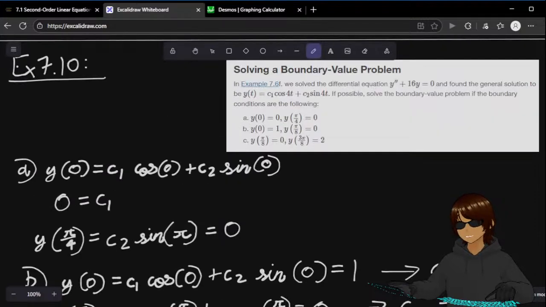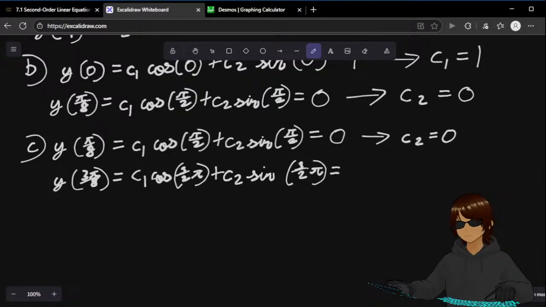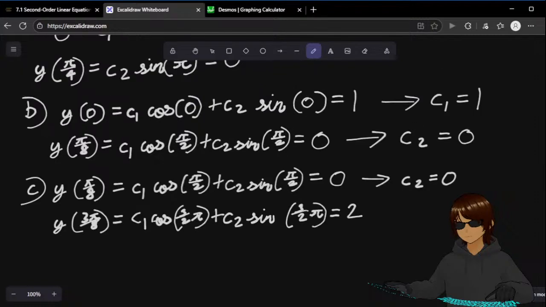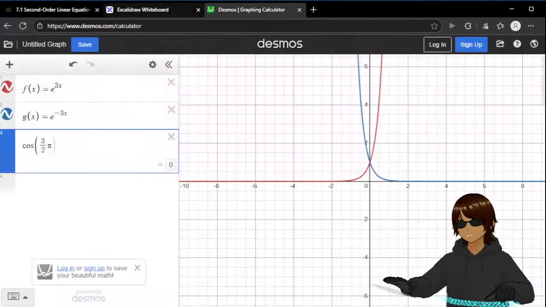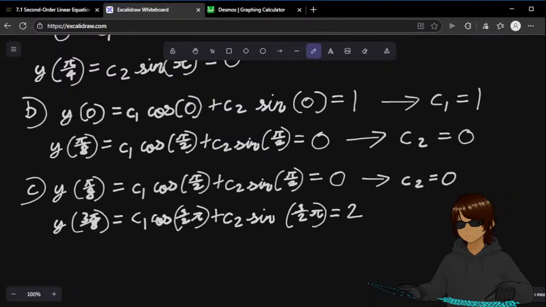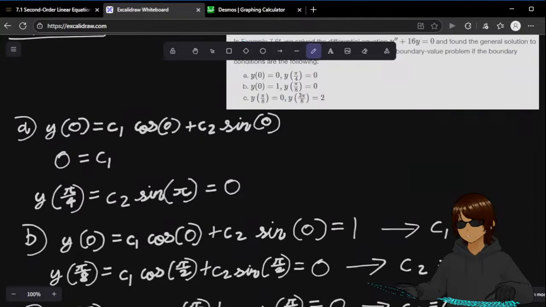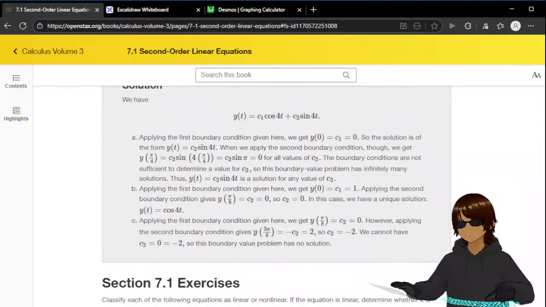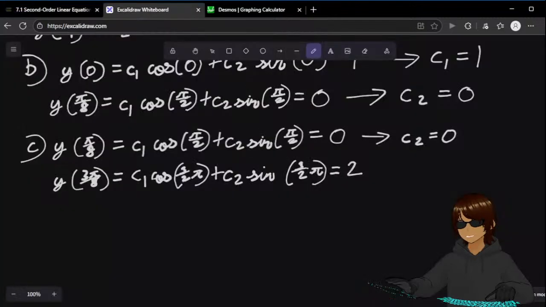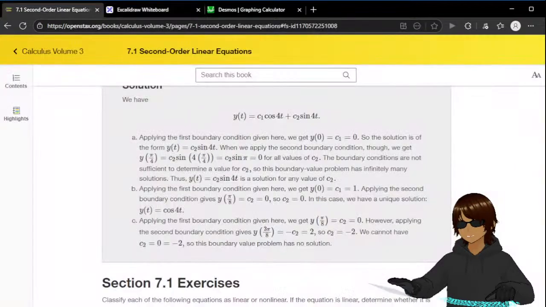What did they say? This is equal to 2. This doesn't lead us anywhere. This is 0, but C2 is 0. You have a contradiction. We cannot have 0. So this boundary value problem has no solution.